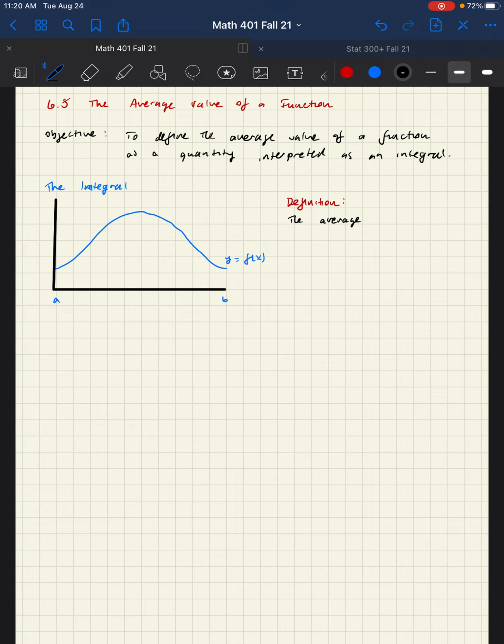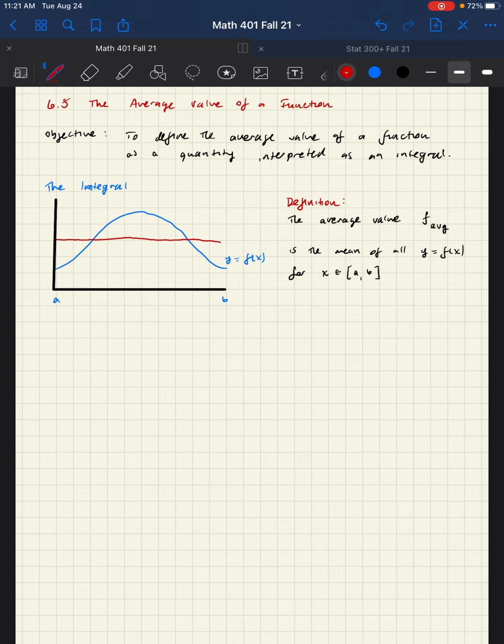So, definition. The average value, which is a real number that we're going to denote f_avg, is the mean of all y equals f of x for x between a and b.